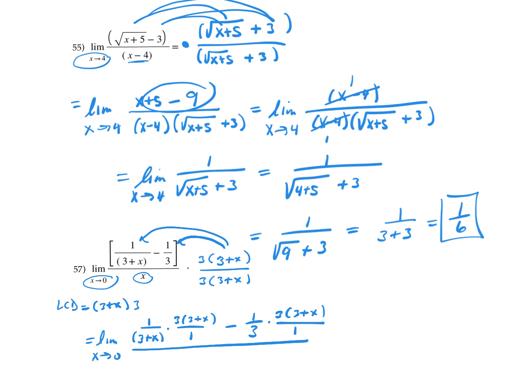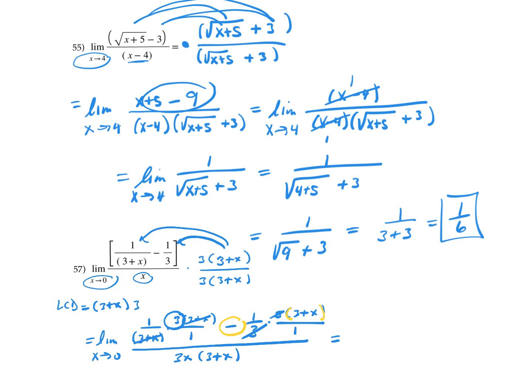And in the denominator, just write it as 3x times 3 plus x. Don't distribute. So in the numerator, the 3 plus x will divide out here, and here we're left with just a 3. These 3's divide out, and we're left with minus that quantity, 3 plus x.